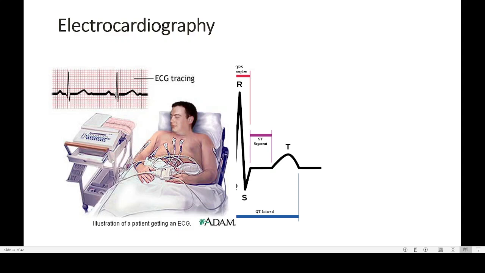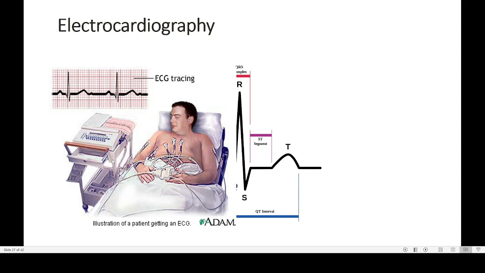Then there is another bigger, higher wave. That higher wave is known as the R wave. Then there is another peak known by the name T wave. So P, R, T are the rises or peaks in the graph.